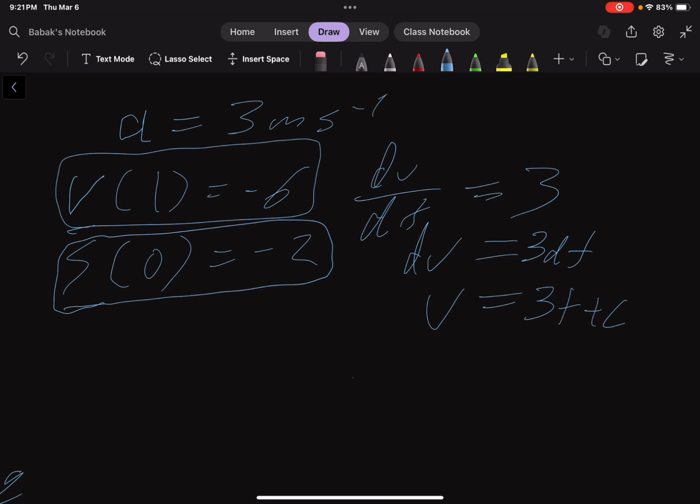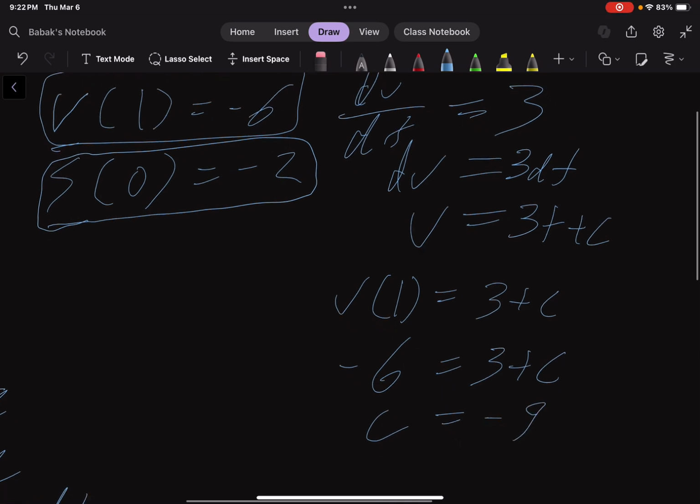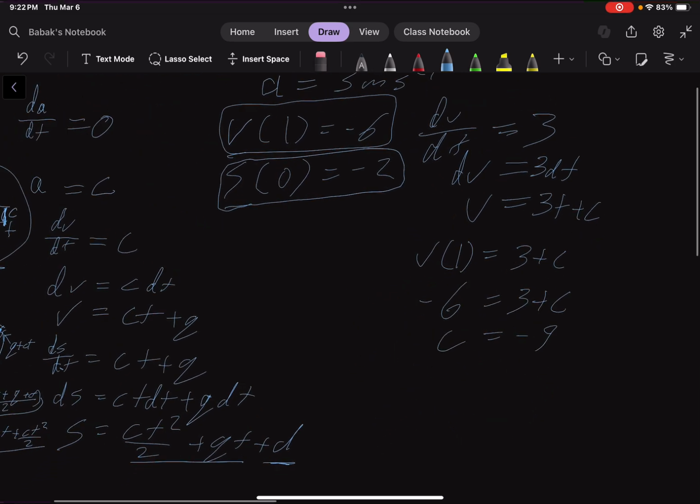Now, we have v1 is equal to 3, is equal to, I apologize, 3 plus c. And yet, we also have -6 is equal to v1. Thereby, we may conclude that c is equal to -9. And indeed, it is as such, in order to fulfill our initial requirements.